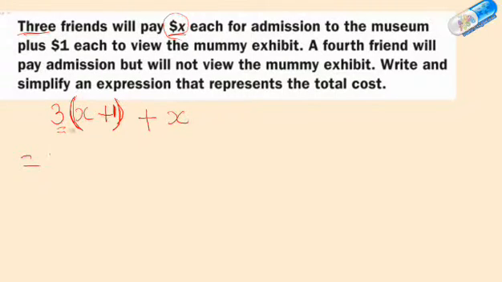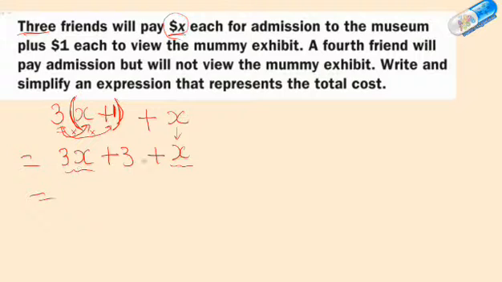So to simplify it, first I have a bracket here. To get rid of this bracket, I'm going to use the distributive property. So I'm going to multiply 3 times x and add it to 3 times 1. So the first term here will be 3x plus 3 times 1, 3. And here, this x, get it here. Now you have 3x plus x.